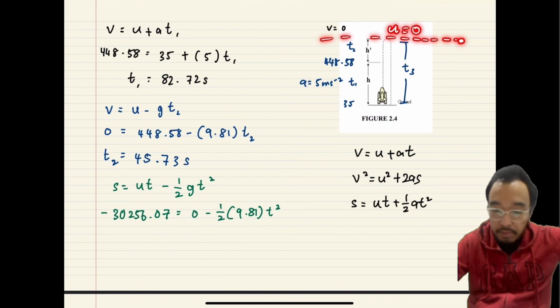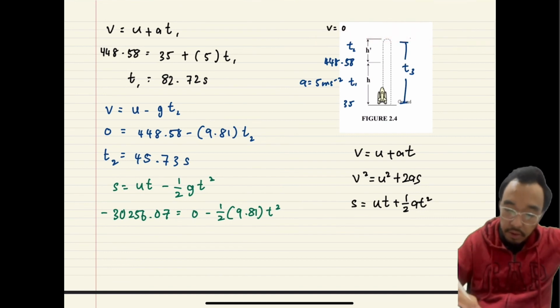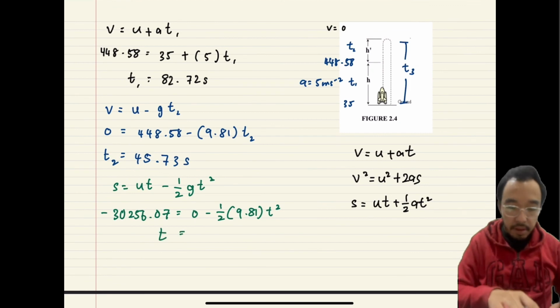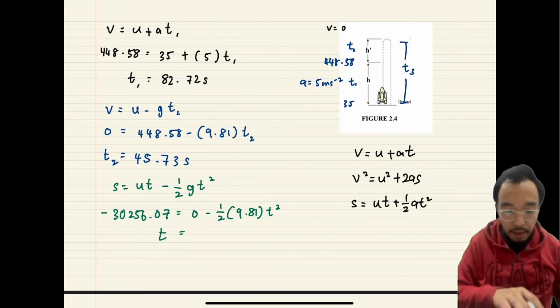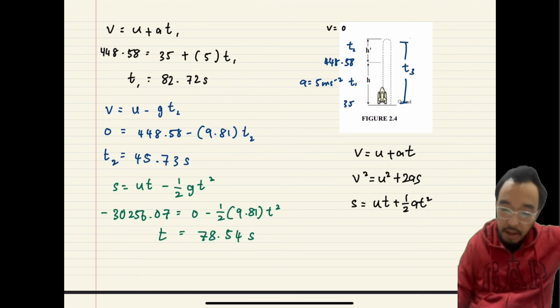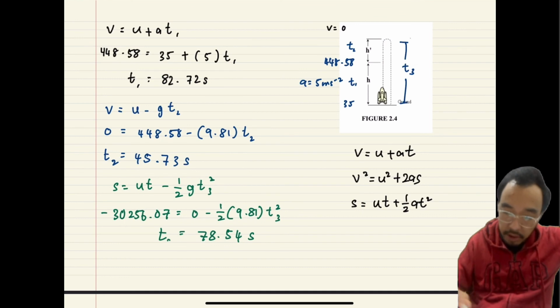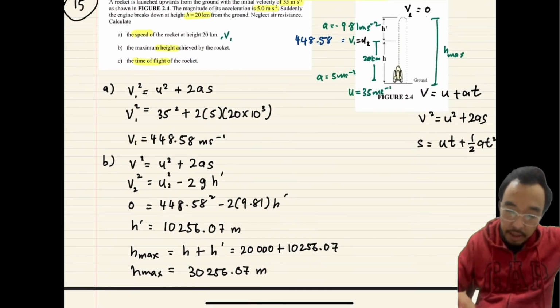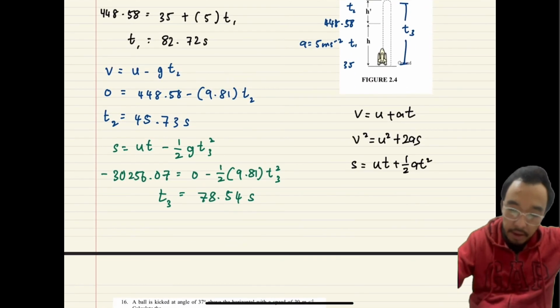And yeah, that's all. So t is equal to, the negative will cancel out, the square root, I got 78.54 seconds. So I have t1, t2, and this is t3. If the question wanted to find the time of flight, you can simply add all of these.